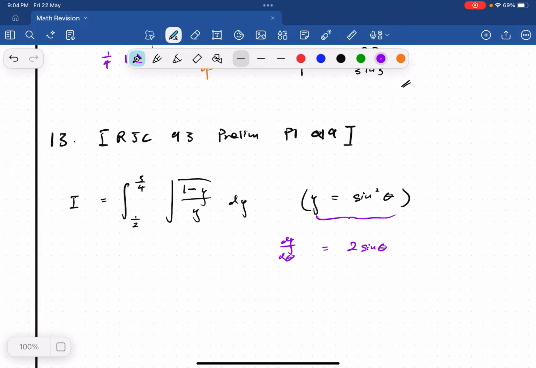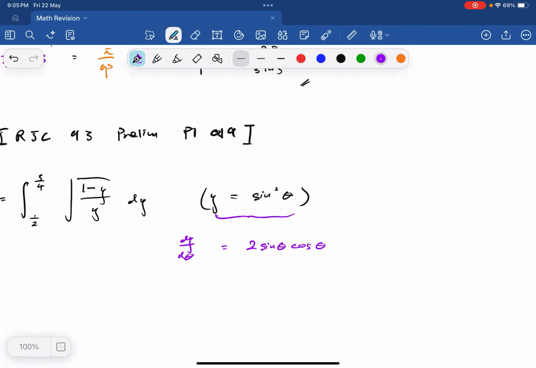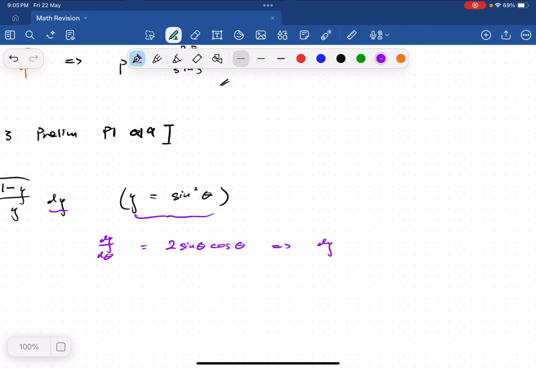Then I chain rule this. I differentiate sine theta, I will get cos theta. So differentiate sine squared theta, I get 2 sine theta cos theta. So this means that dy is equals to 2 sine theta cos theta d theta.